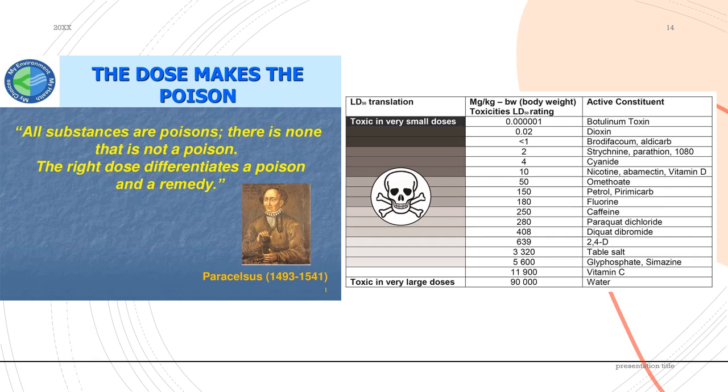If there is no data, you may set up acute toxicity testing yourself. A very low milligram per kilogram value means it's very toxic, such as botulinum toxin or dioxin.